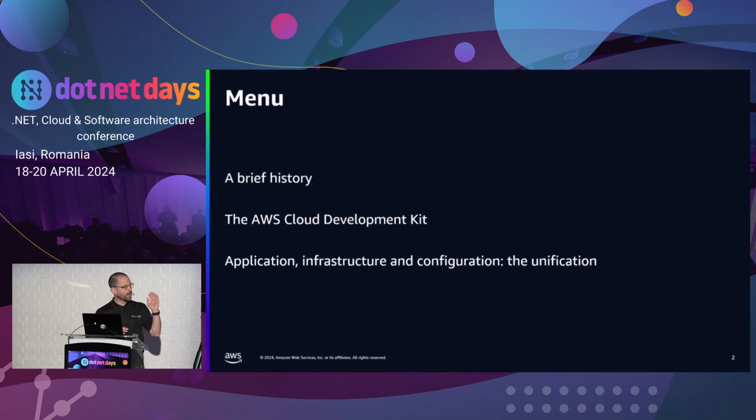Then I will quickly explain what the AWS Cloud Development Kit is. And finally, I will show you some C# code to unify your application, your infrastructure, and your configuration. And hopefully, I will show you something that works live.